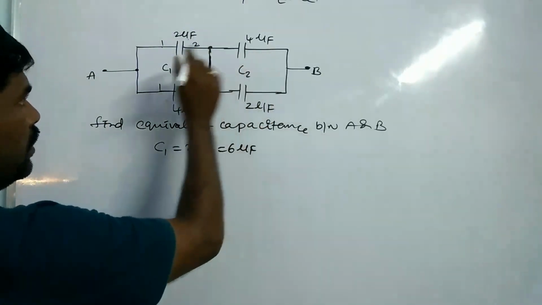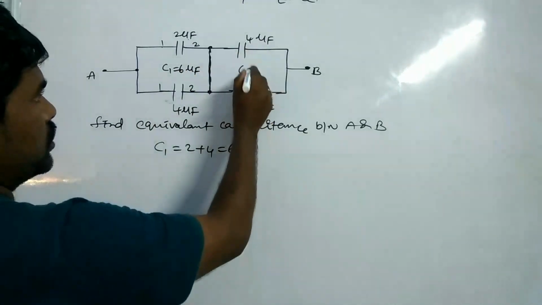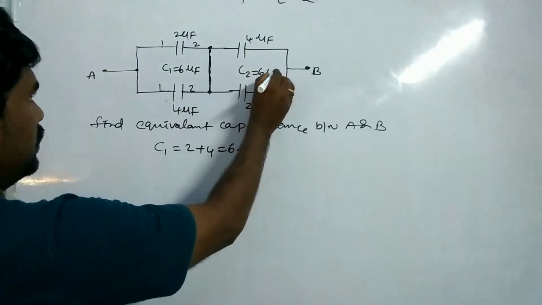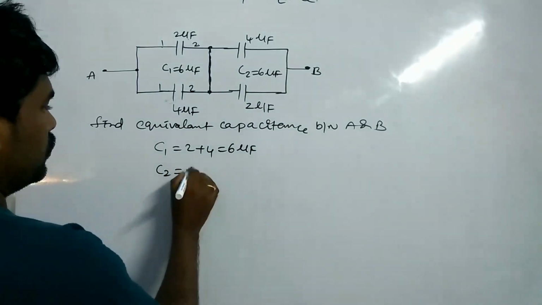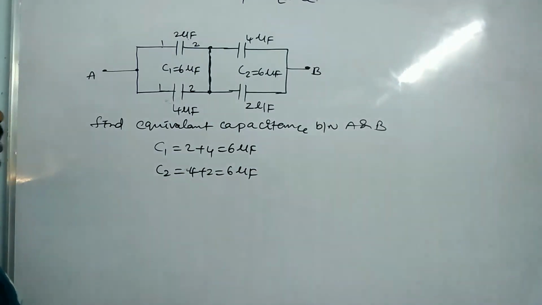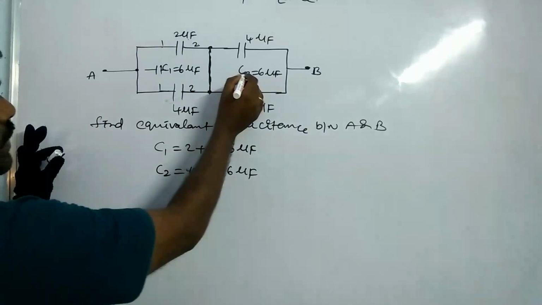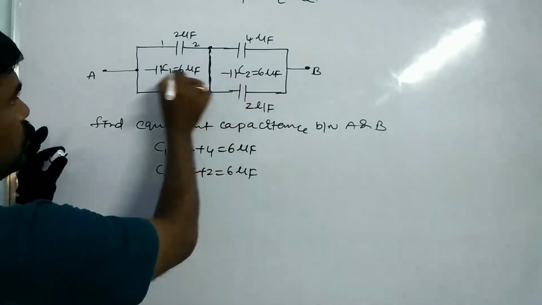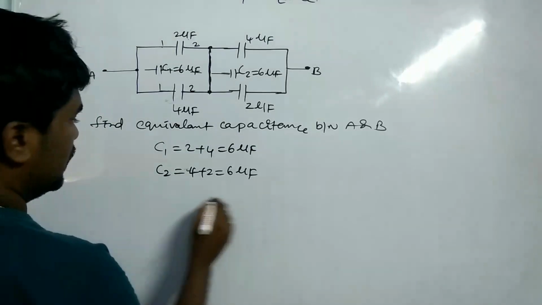These two are also in parallel. So C2 is 4 plus 2, which is also 6 microfarad. Now C1 and C2: there is a C1 capacitor here and a C2 capacitor here. These two are connected in series combination.